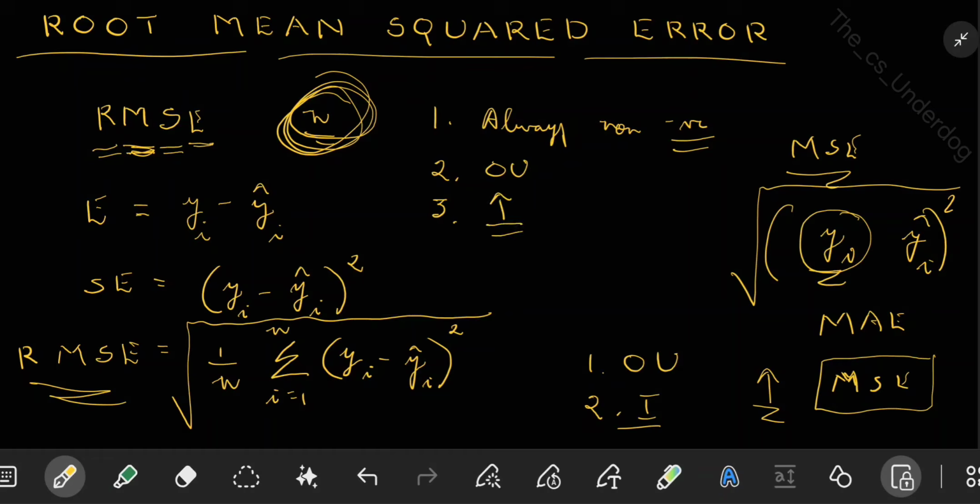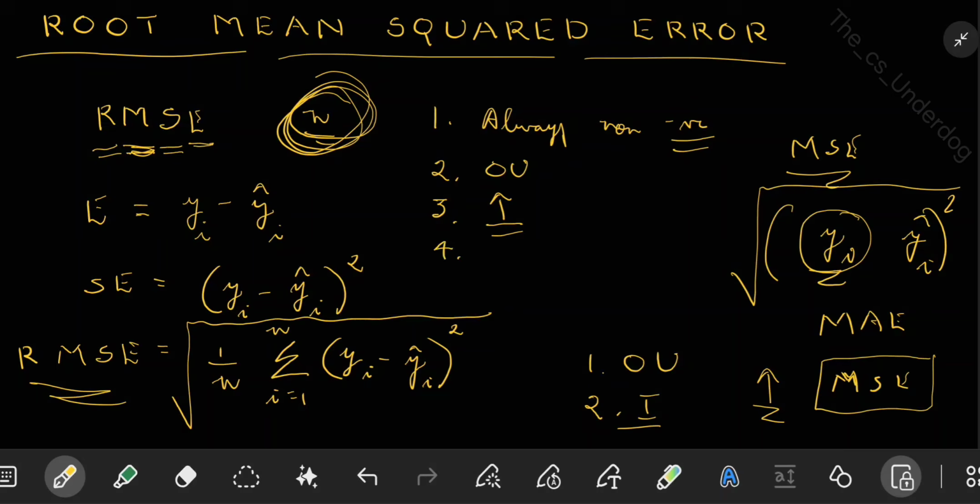But at the same time, it also makes sure that the error stays in the original unit. This is the main advantage. Even after penalizing the larger errors heavily, the final error value always stays in the original units. Okay. So you already know if you have RMSE 0, that means it is perfect prediction.